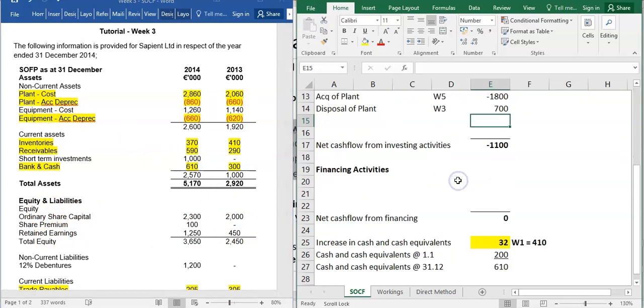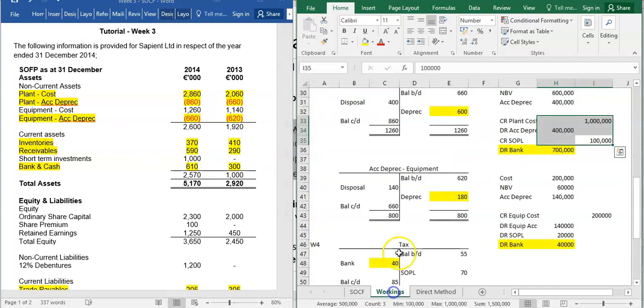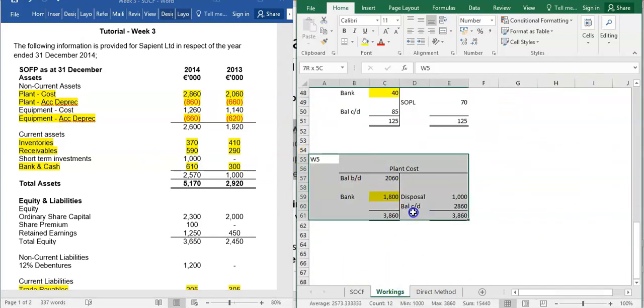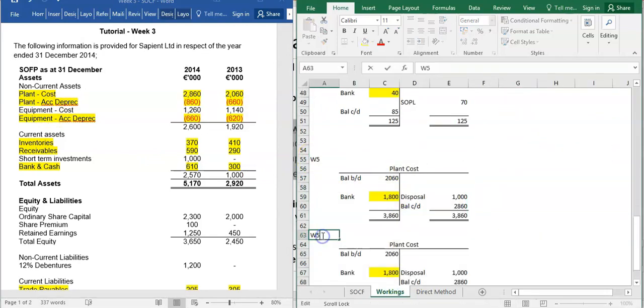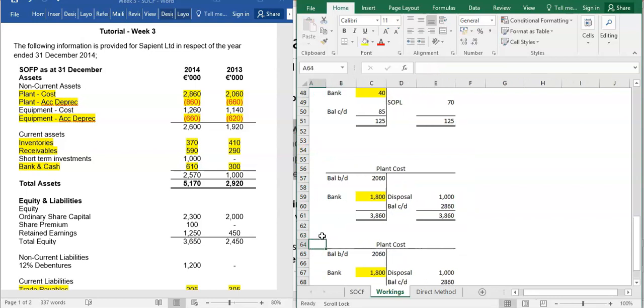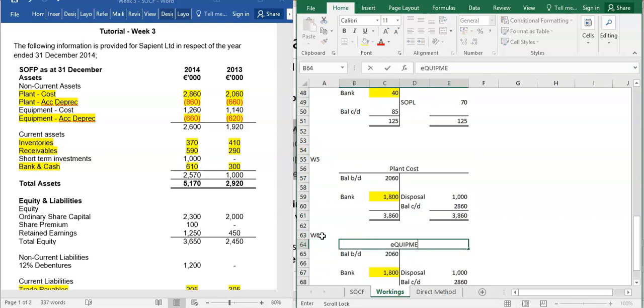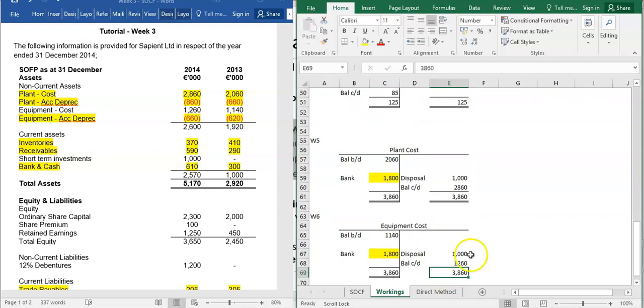Same for equipment, we come down. We now do a different working 6 for equipment cost. The opening balance on equipment, 1140, the closing balance, 1260. So again, we're trying to figure out, well, if you just compared the two figures, you get the wrong amount because you're ignoring the fact that we had sold some equipment during the year.